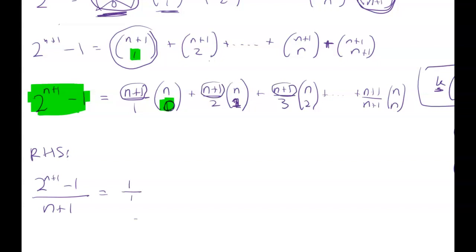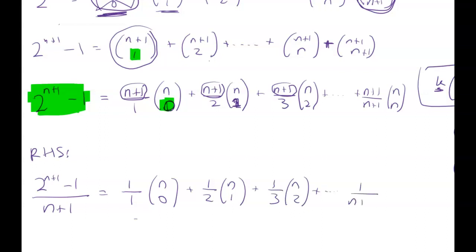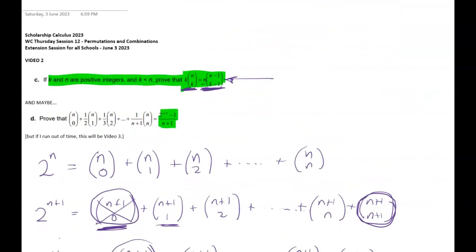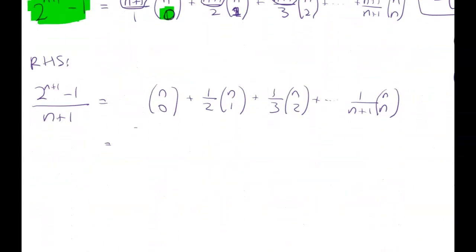So you've got 1 over 1 times n choose 0 plus 1/2 times n choose 1 plus 1/3 times n choose 2 plus, up to, 1 over n plus 1 times n choose n. And that is exactly what we were asked to prove to start with. Okay, so that equals the left-hand side as required.